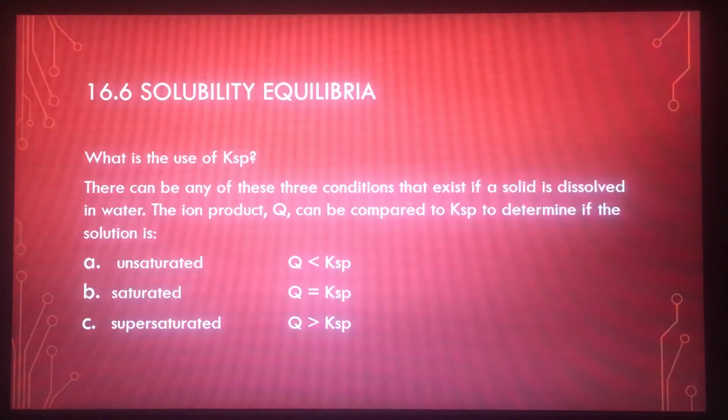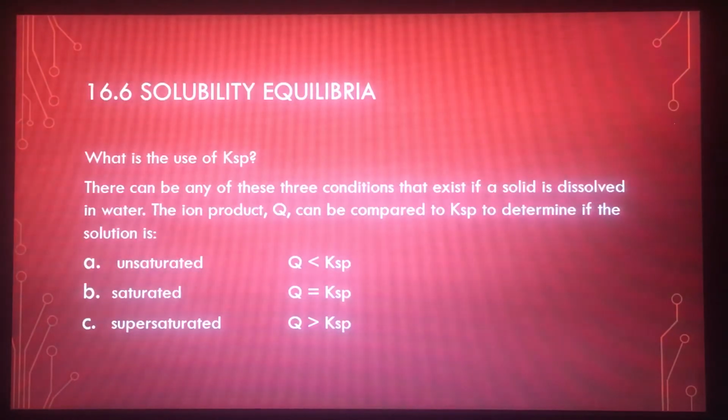Here the solution can have an induced precipitation, which means initially we have a clear solution, and after adding a small amount of solid, the dissolved solids in the solution will come out as precipitates. So we induce the crystallization, solidification, or precipitation of the solids.